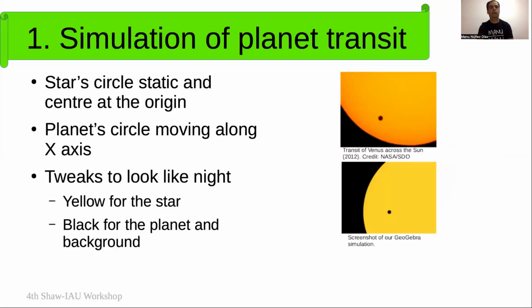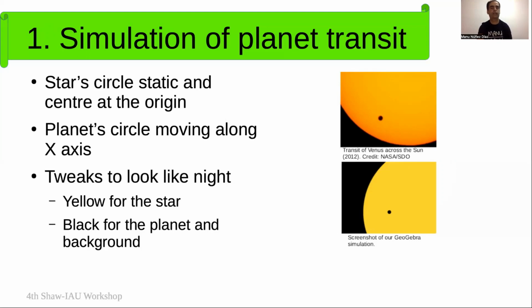In the first part of the project, we worked to simulate the planet transit phenomenon using the geometry tools and command lines available in GeoGebra. Two circles were generated: one for the star, bigger and fixed at the origin, and a smaller one for the planet, which moved along the x-axis.